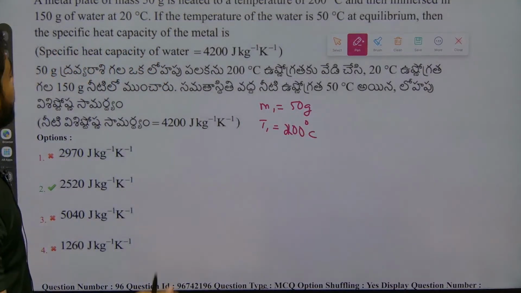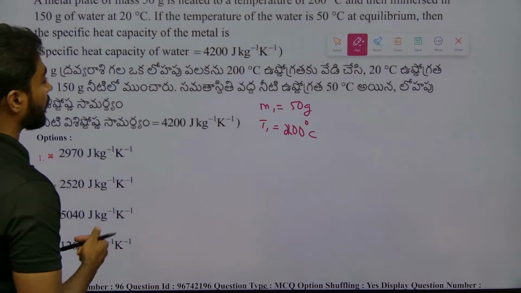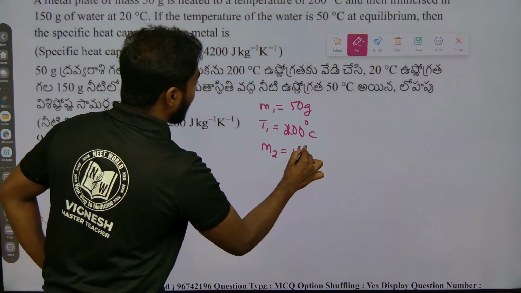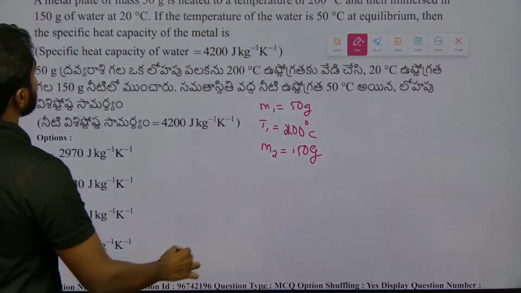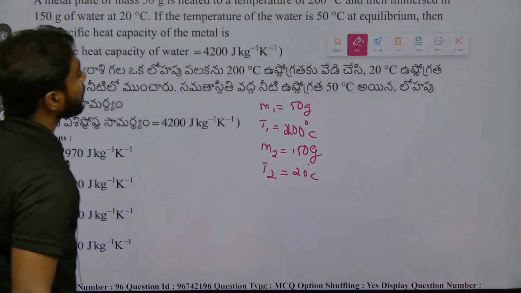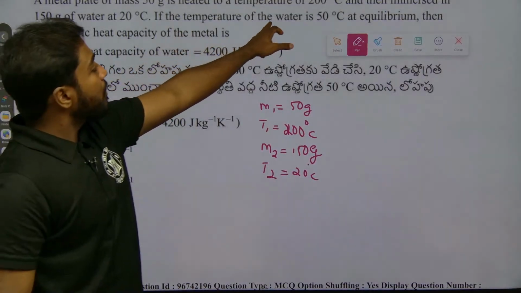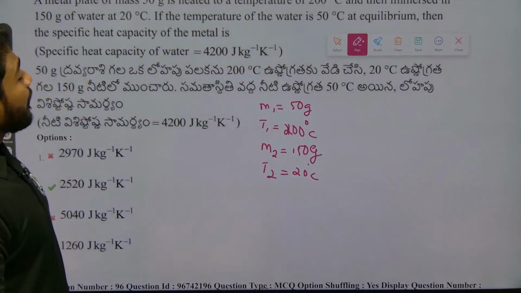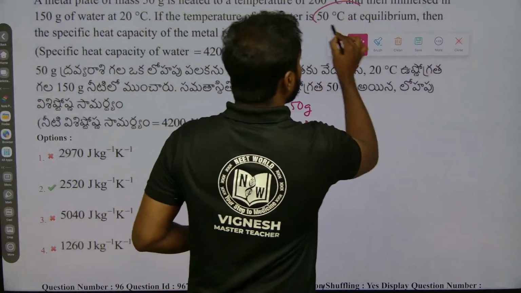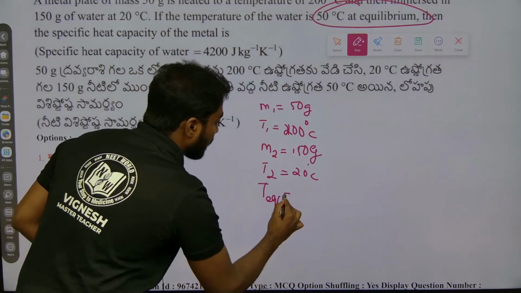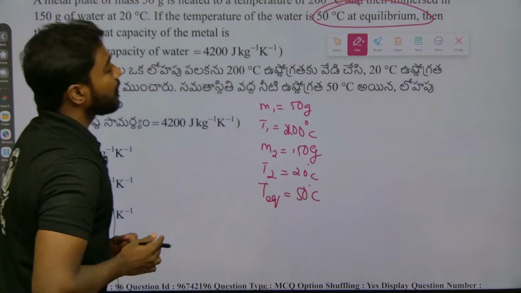Then it's immersed in 150 gram of water. So M2, the mass of the water, is 150 gram. The water temperature T2 is 20 degree Celsius. The temperature of the water at equilibrium is 50 degree Celsius, so T equilibrium is equal to 50 degree Celsius.